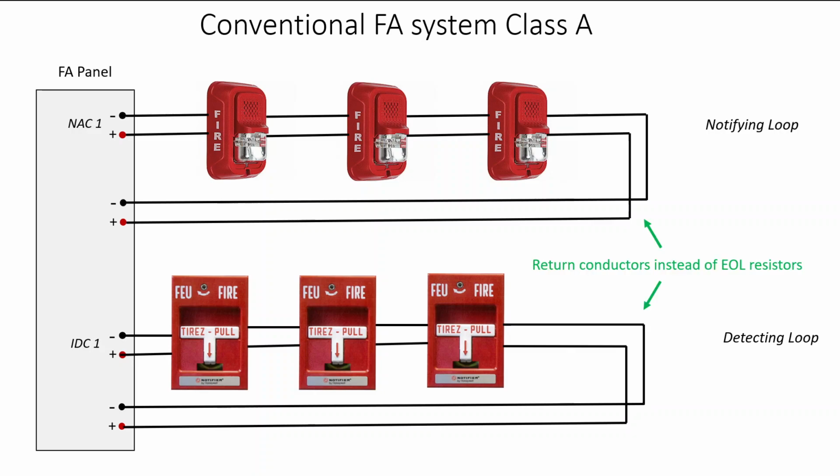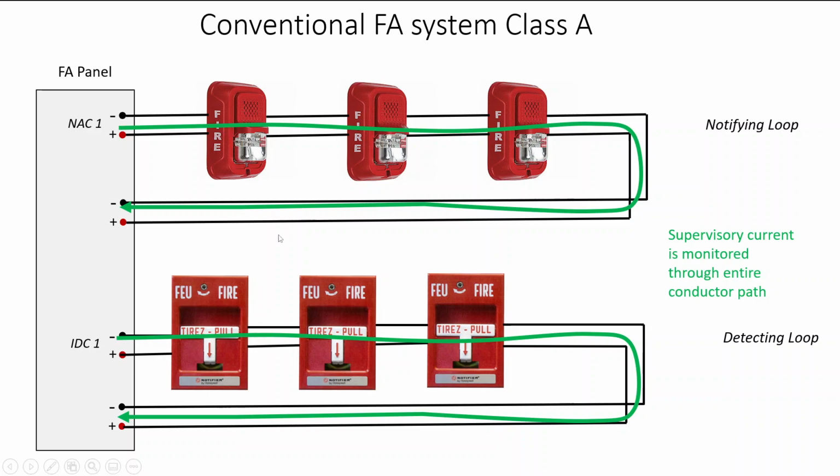Now, the advantage of having a Class A is that we have return conductors going back to the fire alarm panel. There will still be supervisory current, and it will flow through these conductors. It's as if the end-of-line resistor is located back at the controls of the fire alarm panel board itself.